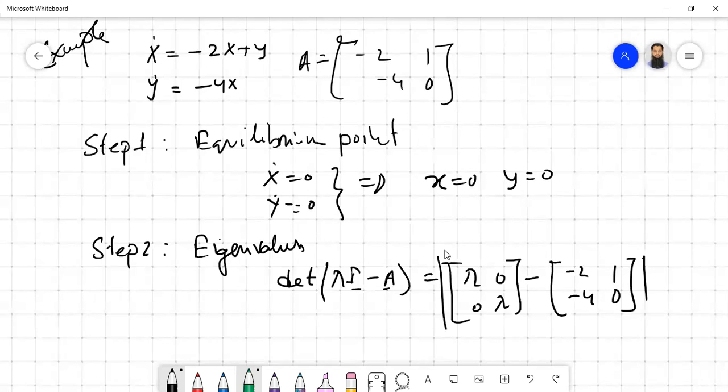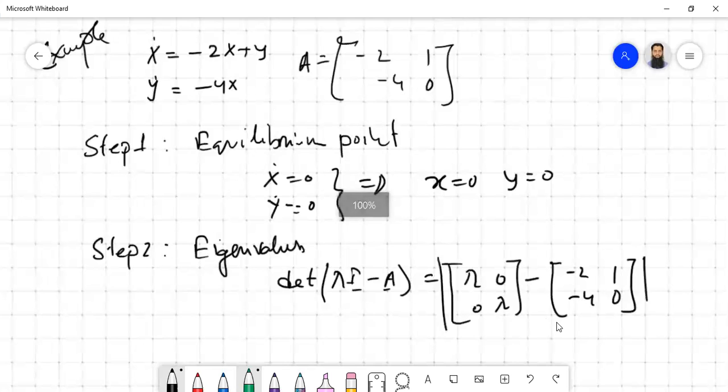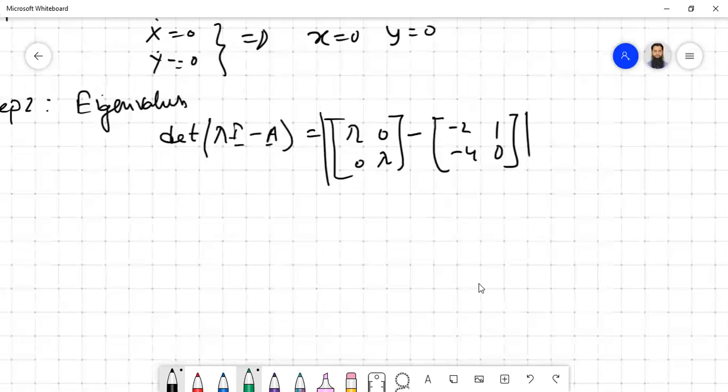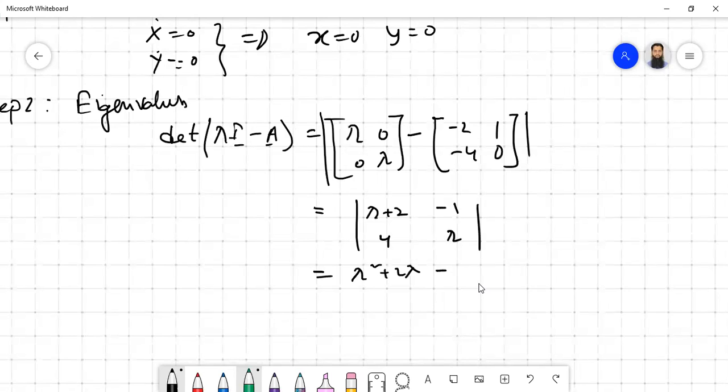Now if you find the determinant of it, what we are going to get is lambda plus 2 times lambda, minus 1 times minus 4, that is plus 4. So lambda square plus twice lambda plus 4, and this should be equal to 0.